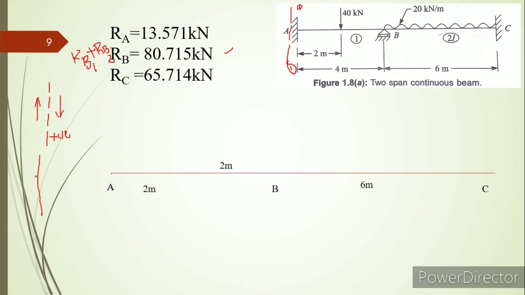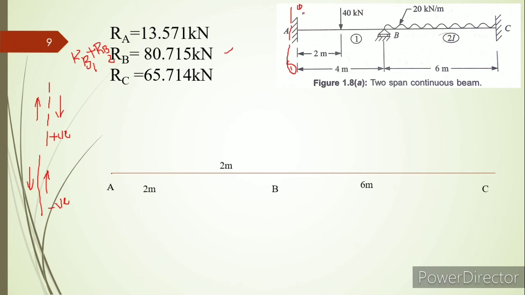Similarly, if the force acting on the left hand side of the section is in the downward direction, or the force acting on the right hand side of the section is in the upward direction, this will be taken as negative. These are the sign conventions followed in the shear force diagram.